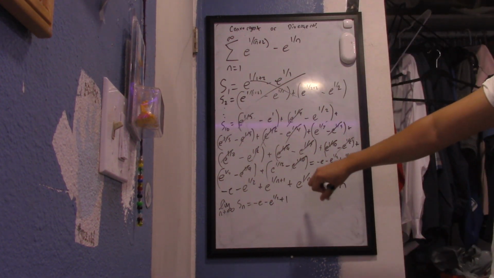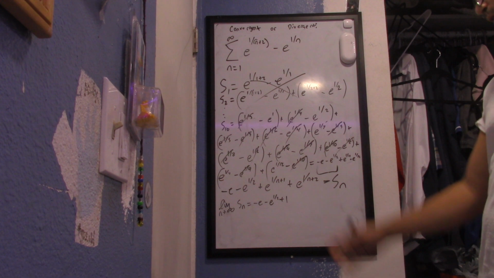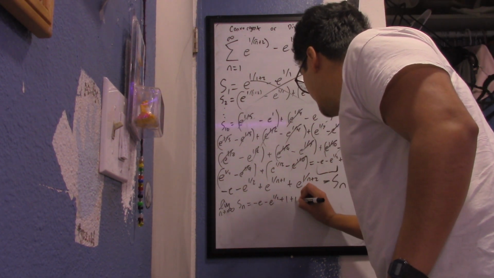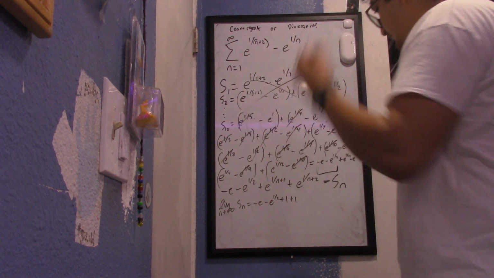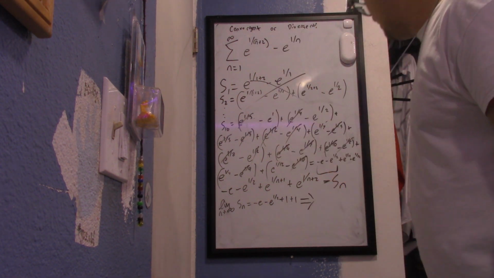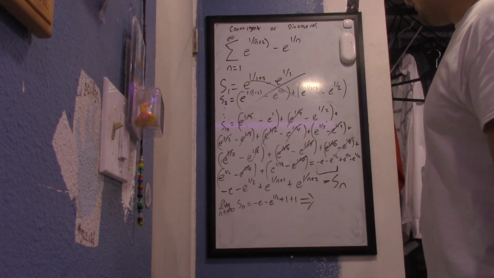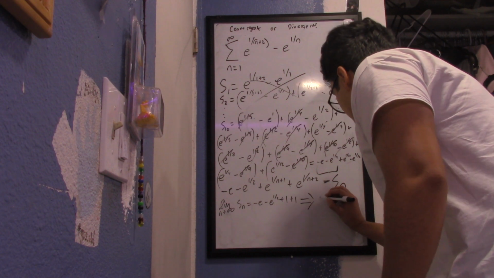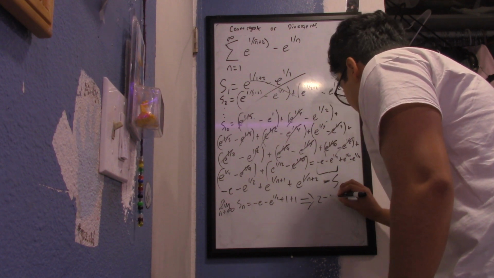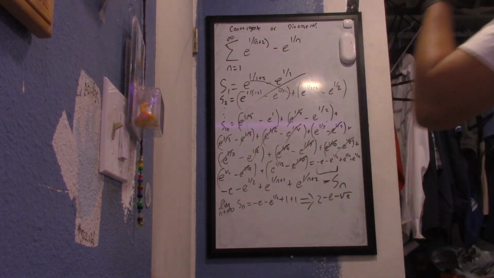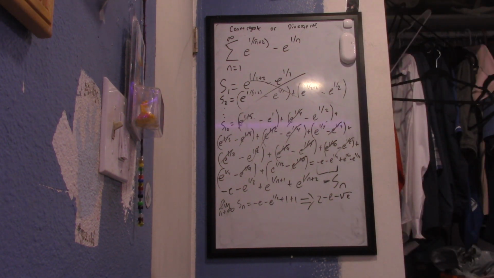Similarly, e to the 1/(n+2) is the same thing as 1/infinity, so that is also e to the 0, which is 1. Okay. 1 plus 1 is 2, and then negative e minus e to the 1/2 gives 2 minus e minus the square root of e, because e to the 1/2 is the same thing as the square root of e.